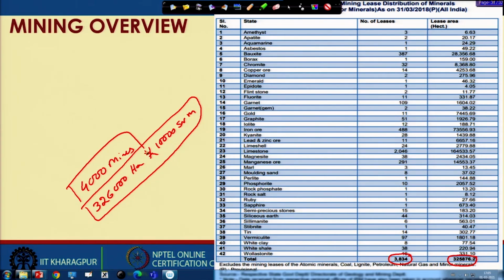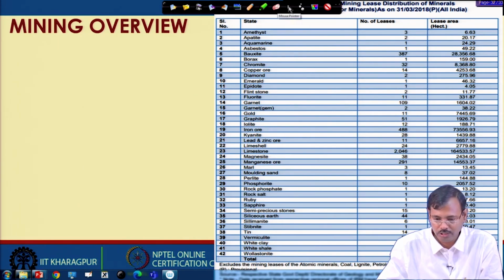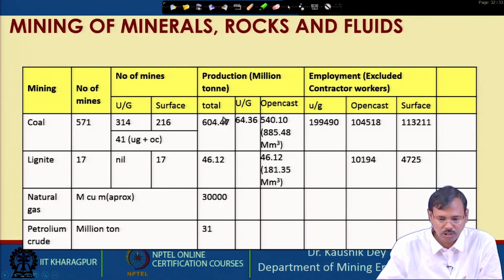So, this shows the volume of mining carried out in the country, and we have already observed the economic impact of mining in the country. Now, let us look into the coal mining of the country.